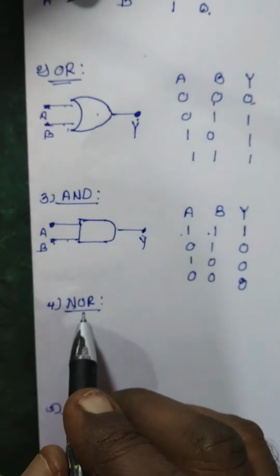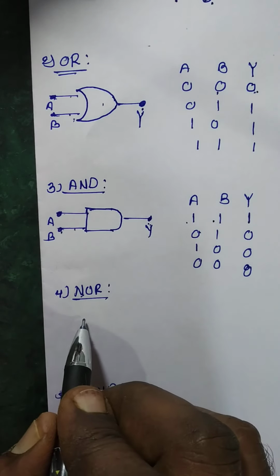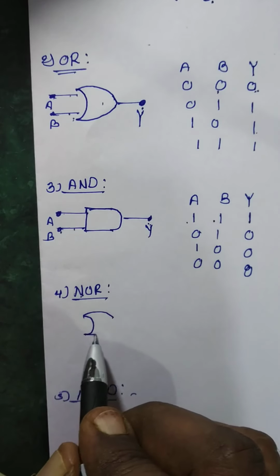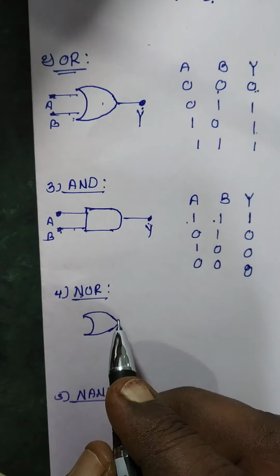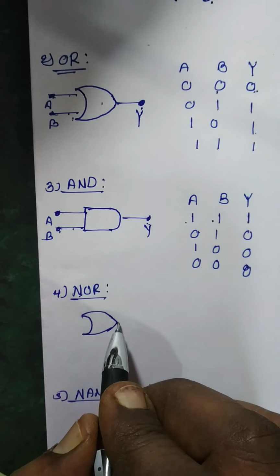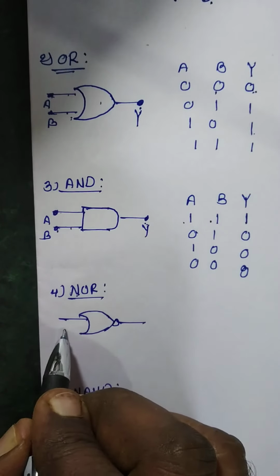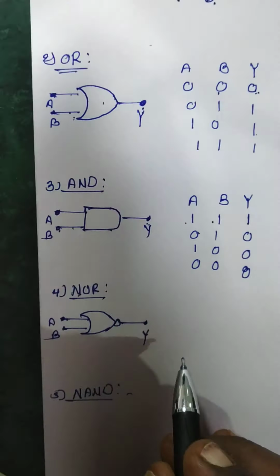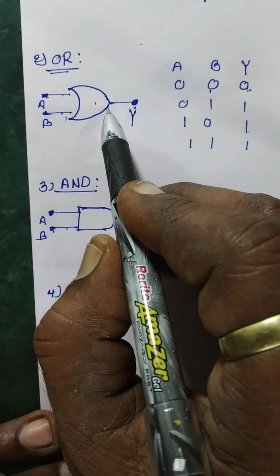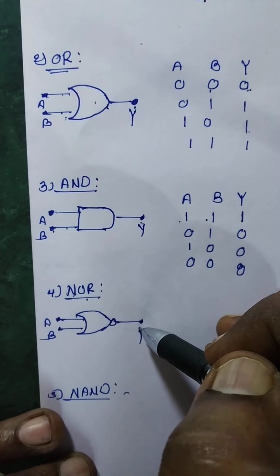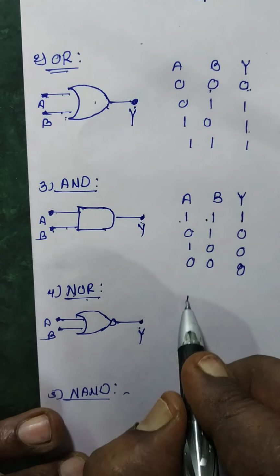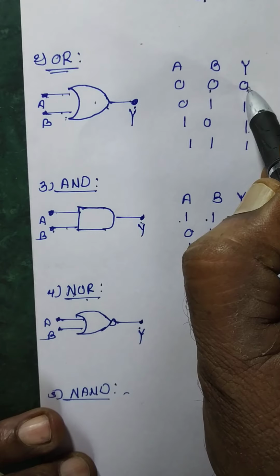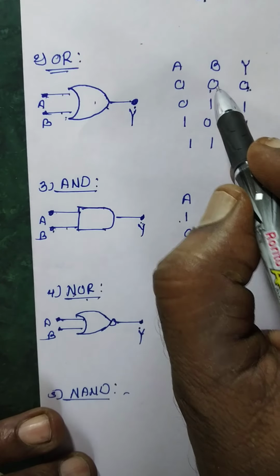The NOR gate is the inverse of this. A logic gate which has two or more inputs but only one output. The NOR gate is the inverted OR gate, its inversion is produced here. A, B, Y inputs in which the output is high only when all inputs are low.